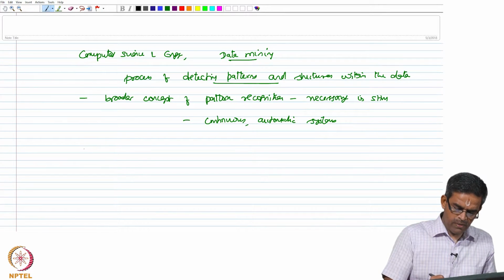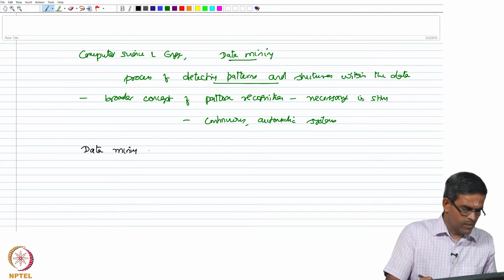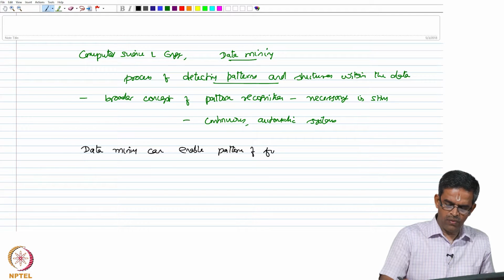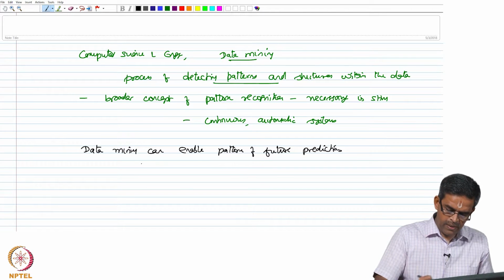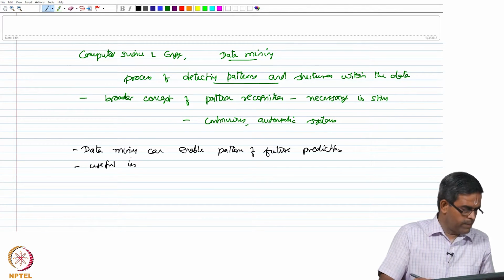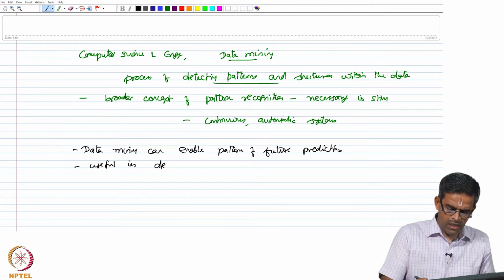So, data mining can enable pattern of future predictions and can be useful in decision making processes.